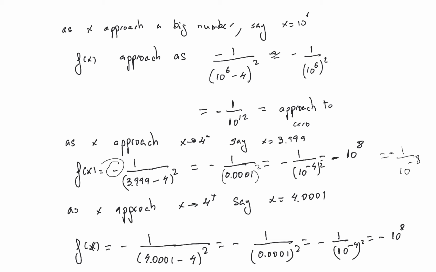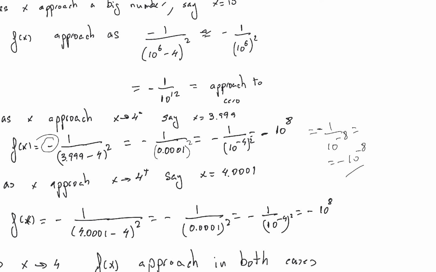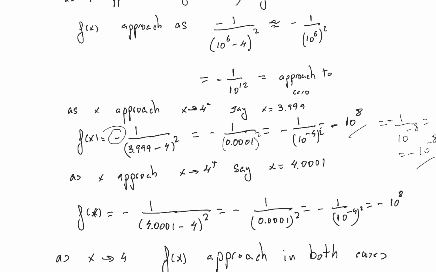So this is minus 10 to the 8. So it will approach a big number, but negative, going downwards. So as x approaches 3.9999 from the left, it will approach a very big negative number.